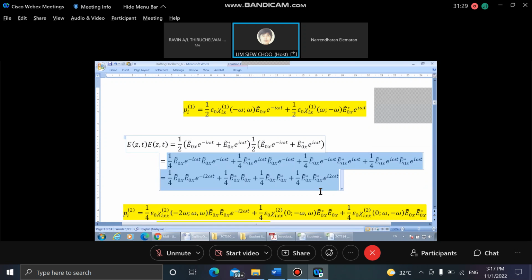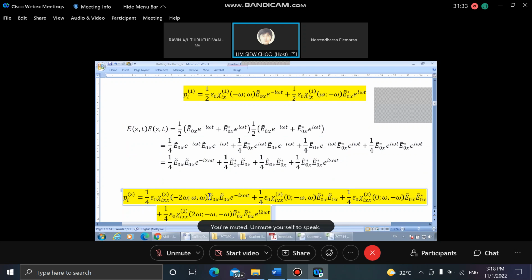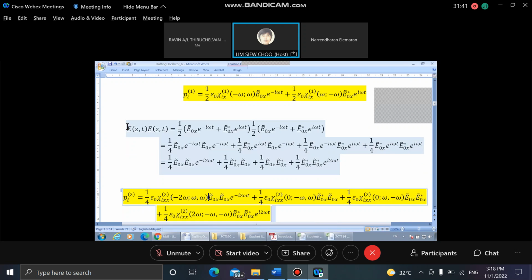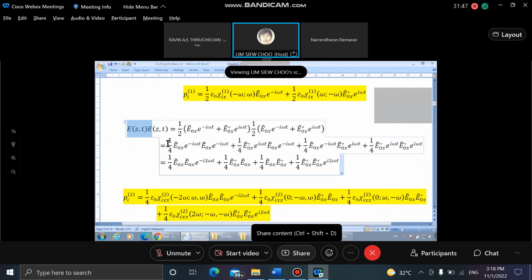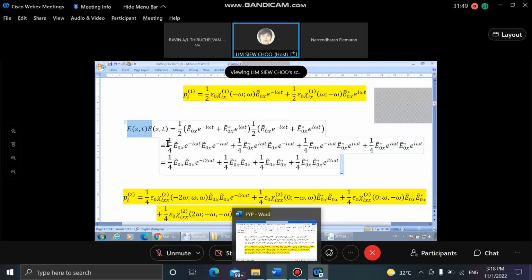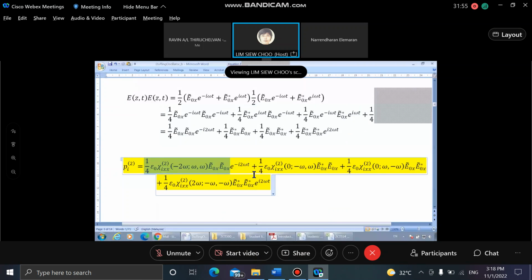And then for the P2, I know that it should respond to two fields. So P, bracket 2, splits into 4 terms like this. When it splits into 4 terms like this, we naturally insert the chi2.